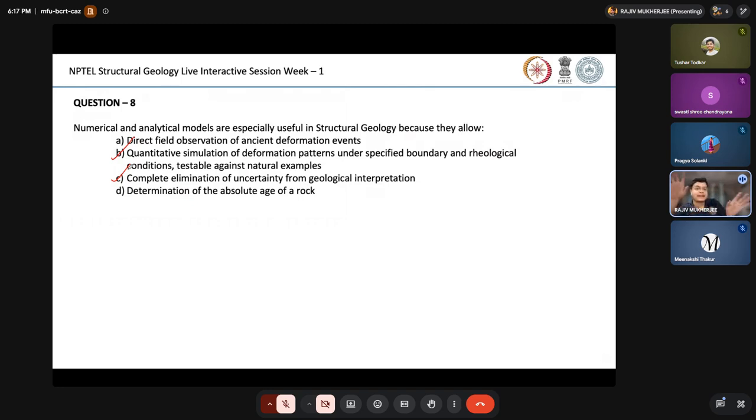So there is mathematical reasoning behind whatever we observe in nature, and that's why numerical and analytical models are useful in structural geology, because we will not only be able to understand things, we can also predict things, right? Numerical simulations are important because they give us mathematical equations that describe the structure.